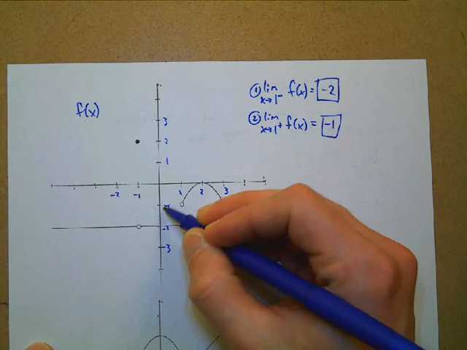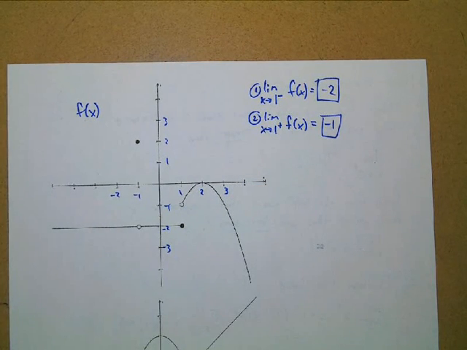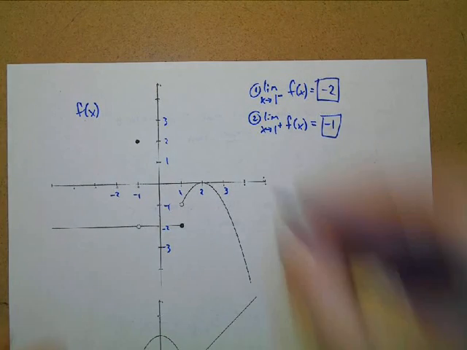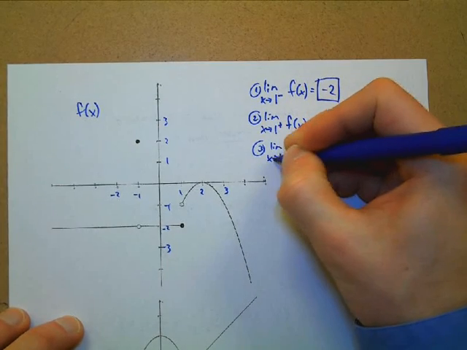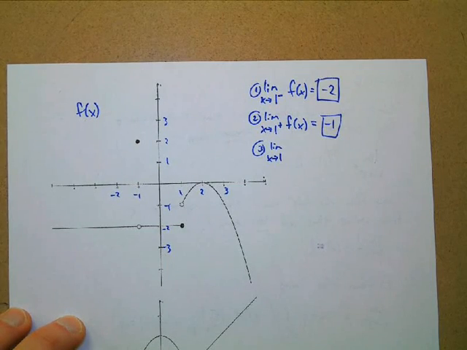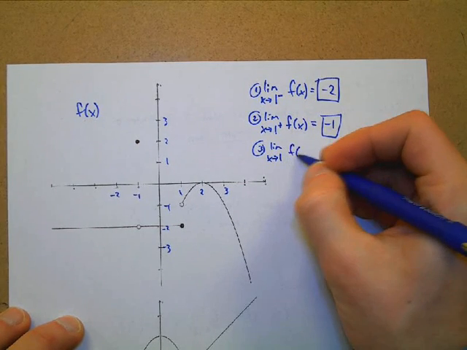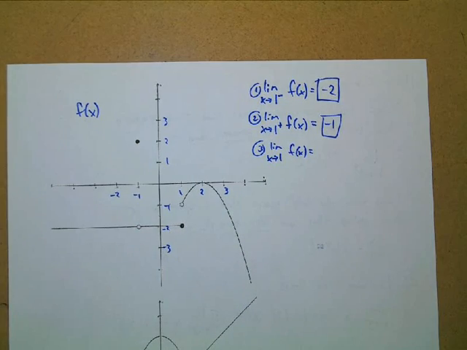What then is the overall limit as x approaches 1? So not just from the left, not just from the right, but the overall, the total limit there. What would we say? Let's go to Anna. What do you say? You would say 2? So as we approach 1 from the right, it was -1.